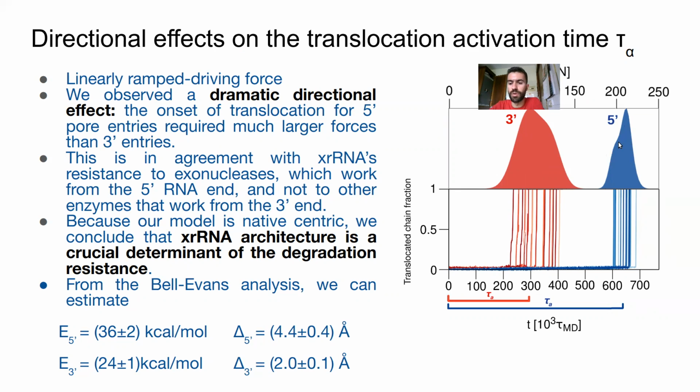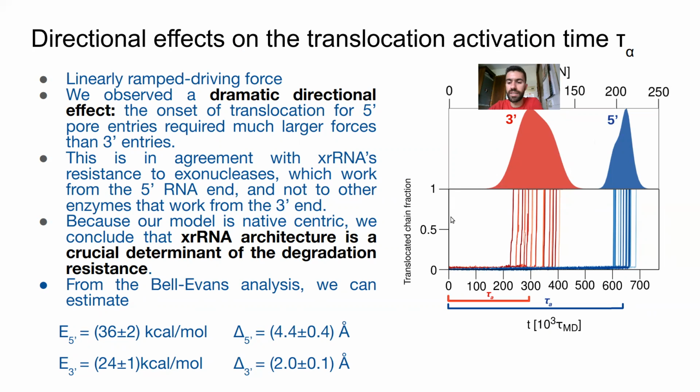Moreover, because our model is native-centric and because the enzyme has no chemical details, it is just a repulsive wall, we can also conclude that it's the RNA architecture that's relevant to this difference and to the degradation resistance rather than some chemical interactions.